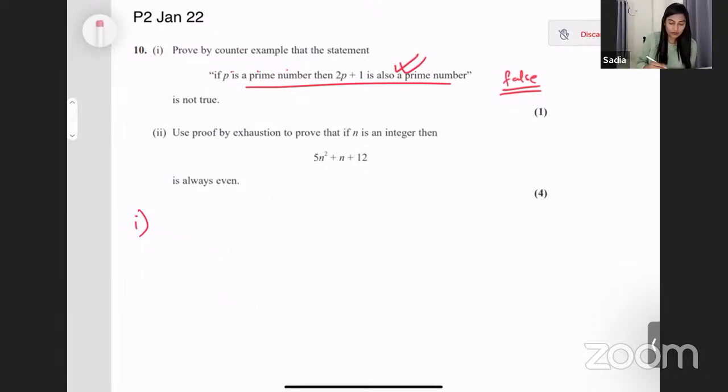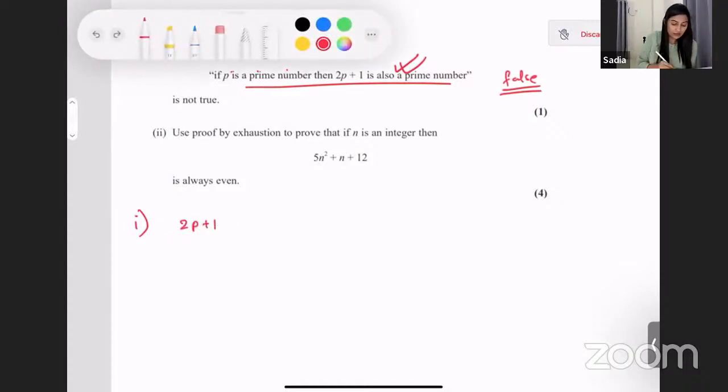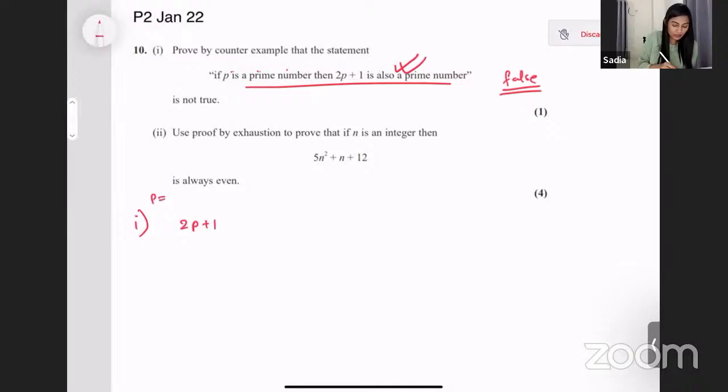Okay, so let's start. Since it's a trial and error method, 2P plus 1, that's the value we are trying to find, right? So if I select P equals to 7, in that case, it's 2 into 7 plus 1, which is 15. This is not a prime number.